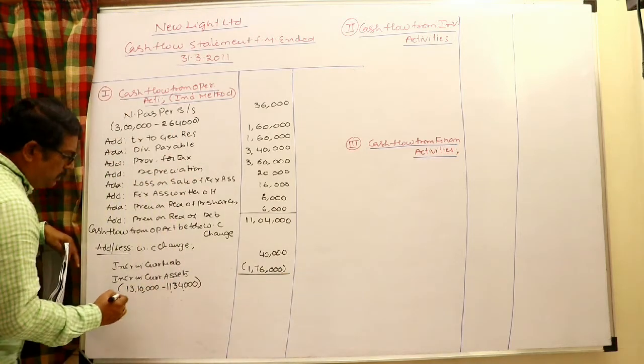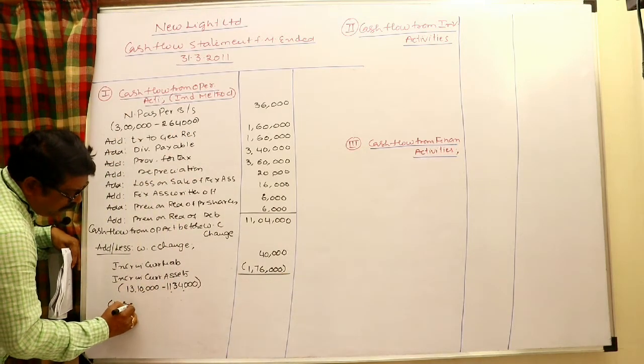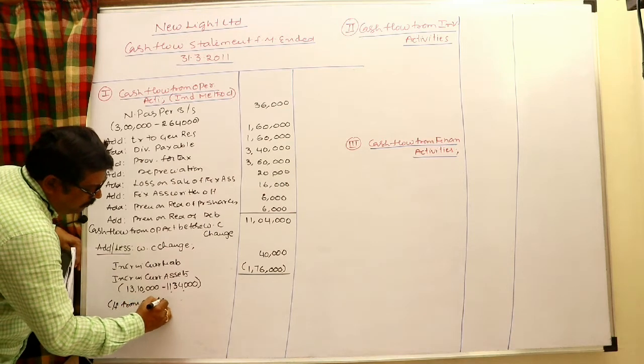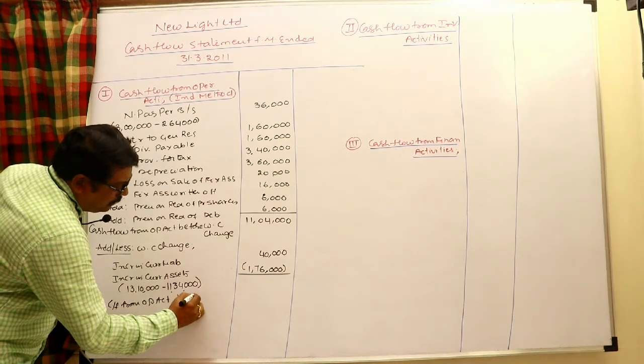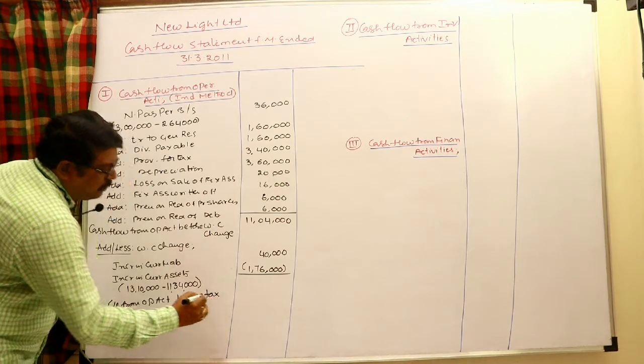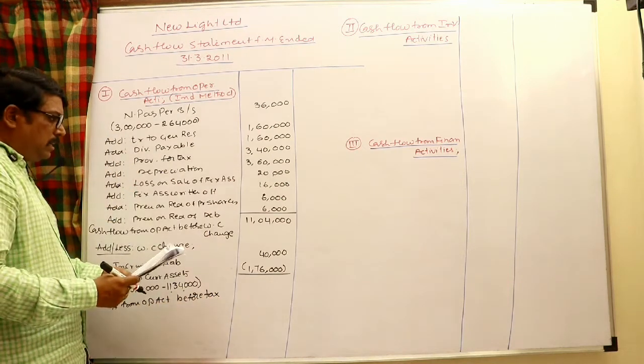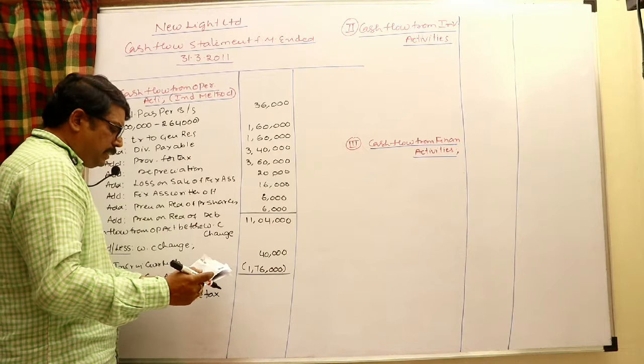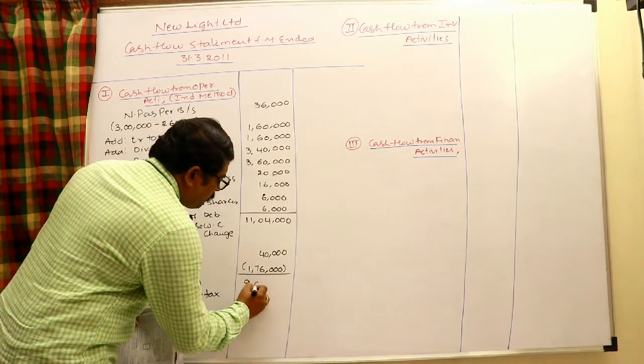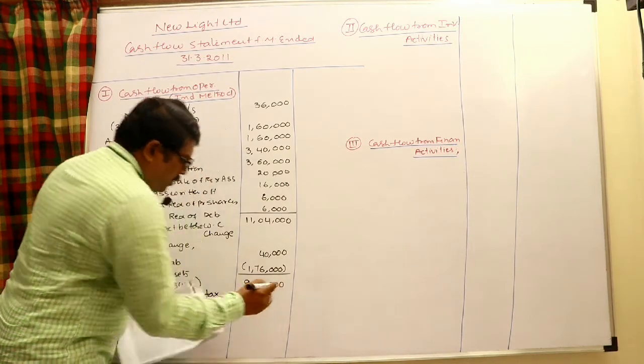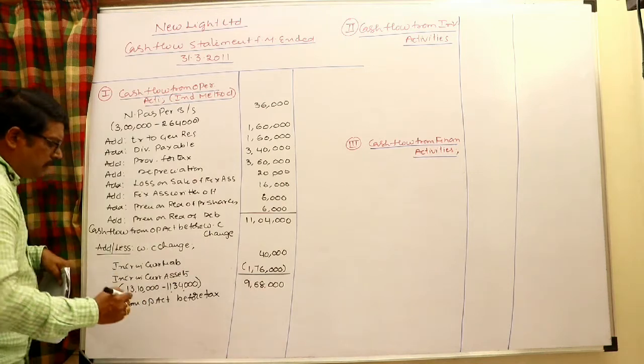The resulting amount we can say is cash flow from operating activities before tax. The resulting amount here is 9,68,000 minus tax paid.